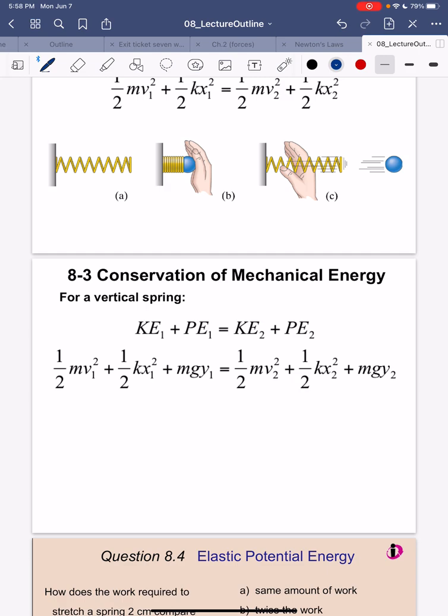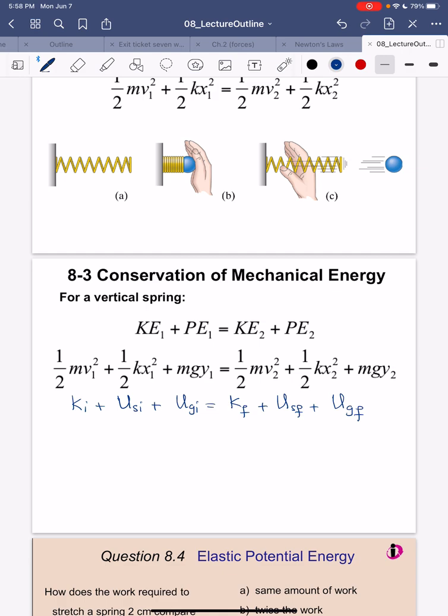I like to write this as Ki plus USi plus UGi should equal K final plus US final plus UG final. This is when I have all conservative forces, and I might have all of them there.